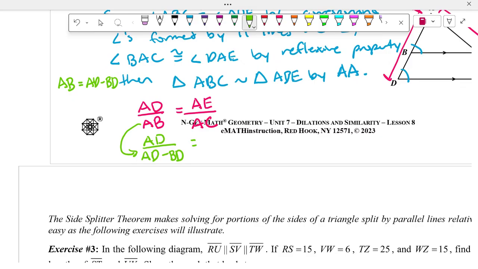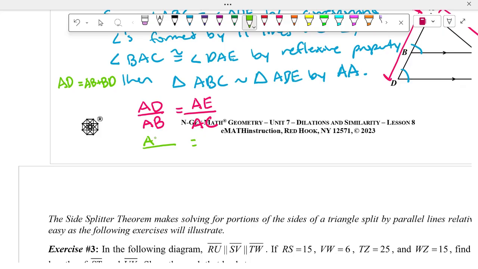Actually, I lied. I'm not going to do it out of AD, I'm going to do it out of AB. So AD is equal to AB plus BD.